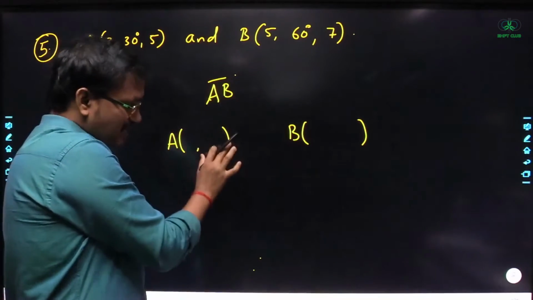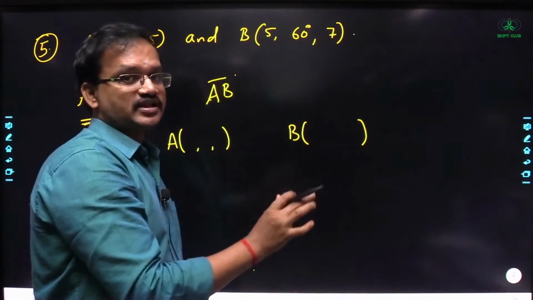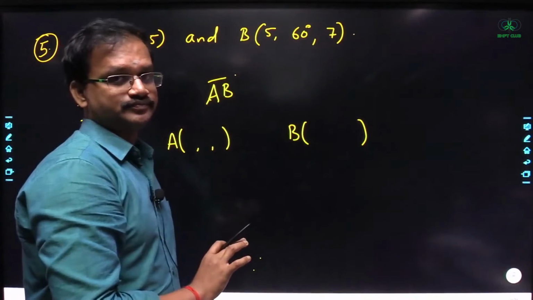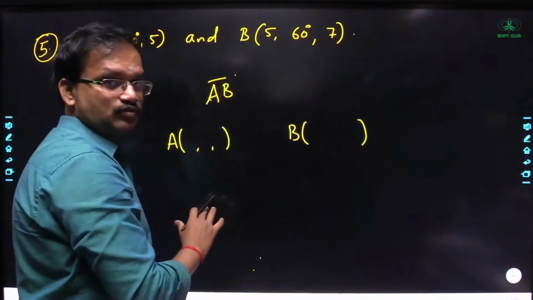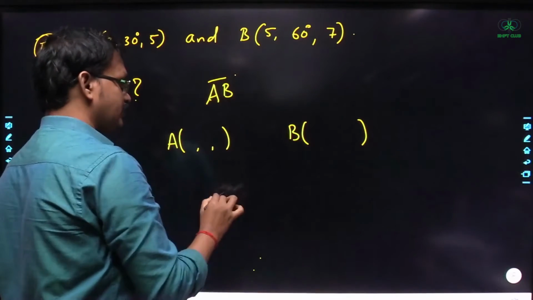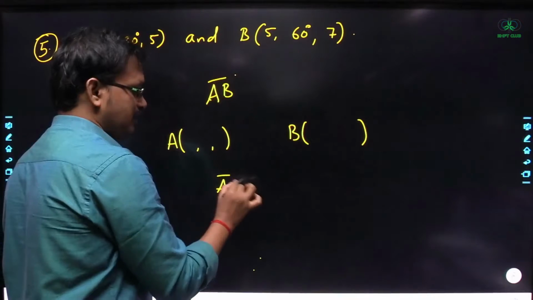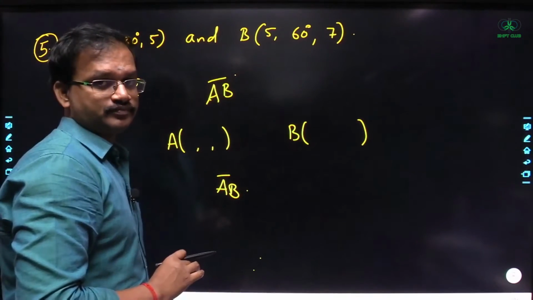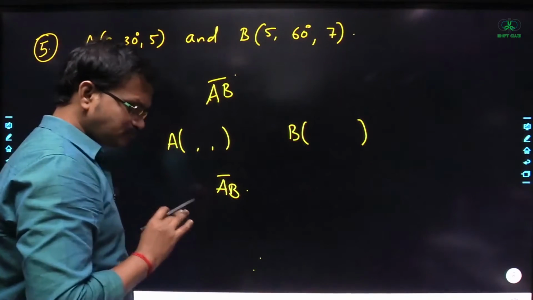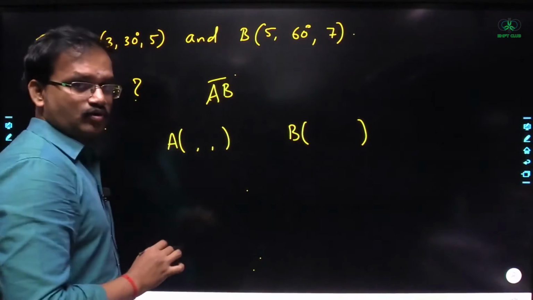Then only can we represent this in vector form like AB bar, as we have done in rectangular coordinate system.